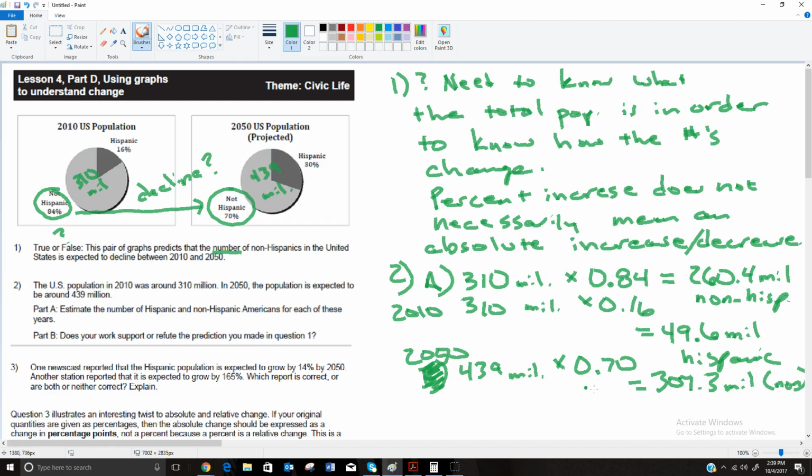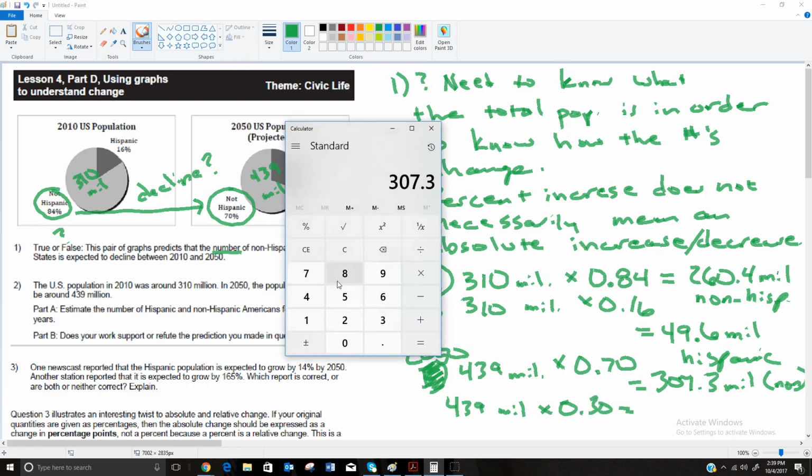And then we can subtract that, or multiply by 30% to get the remaining part of the population that would be Hispanic. So we have 439 times 0.3, which is 131.7. And if we had subtracted 439 minus 307.3, we would have also got 131.7.